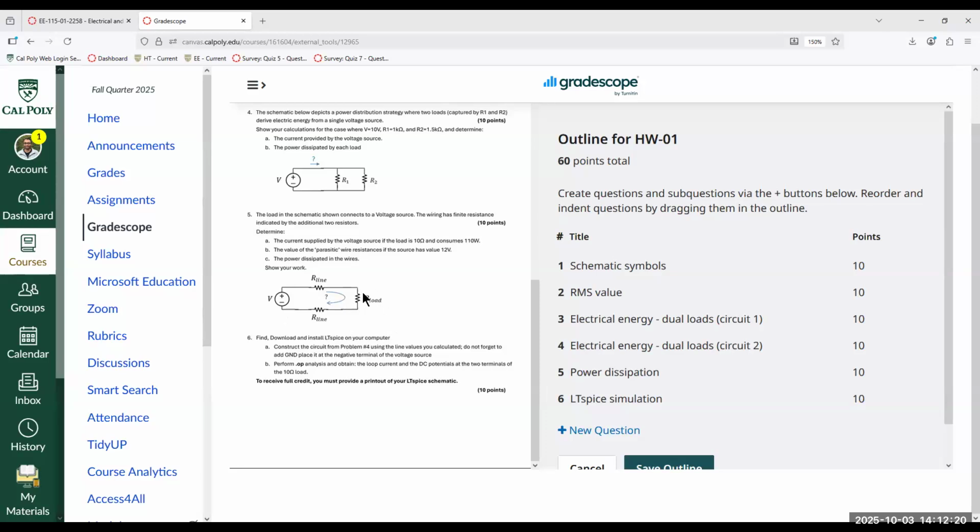So RL is connected to V, and then there is wiring which has some resistance that is noted by R line. Okay. The question being asked is find the current. In sub-question A, find the current first. Sub-question B, find the value of the wire resistances if the source is 12 volts, and then the total power dissipated in the wires.